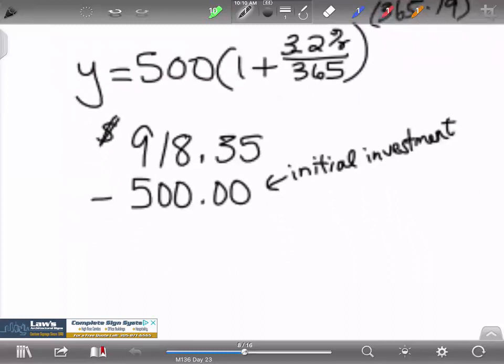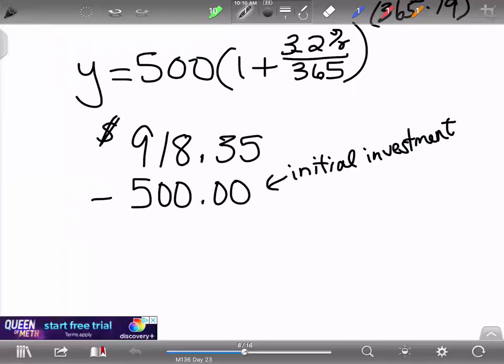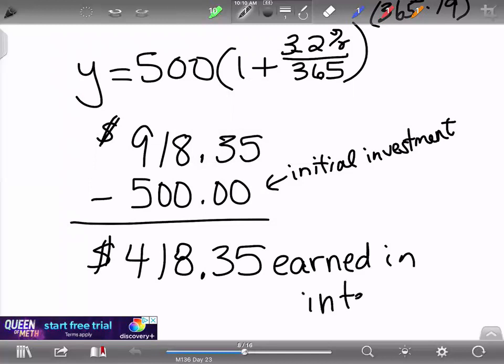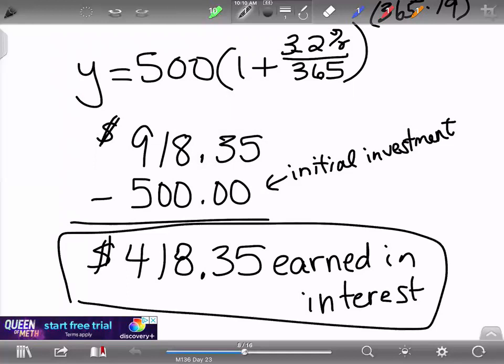So we're going to take the 918 and subtract the 500 to figure out that there were $418.35 earned in interest. So final answer for this one is the $418.35.